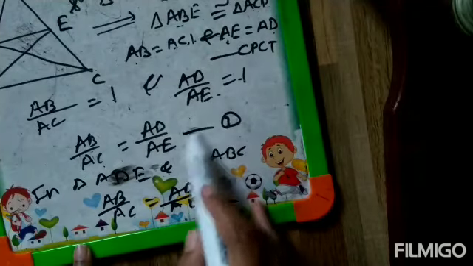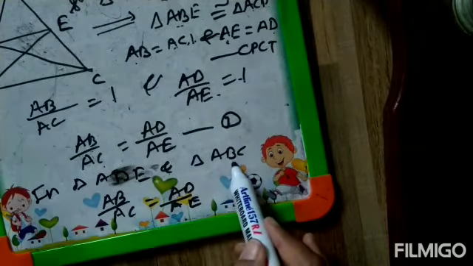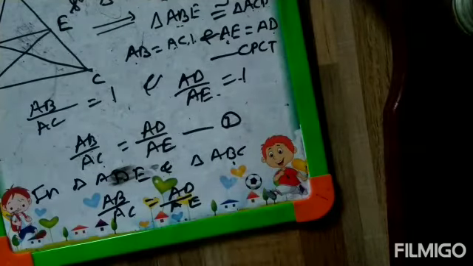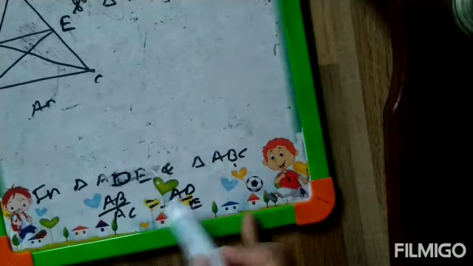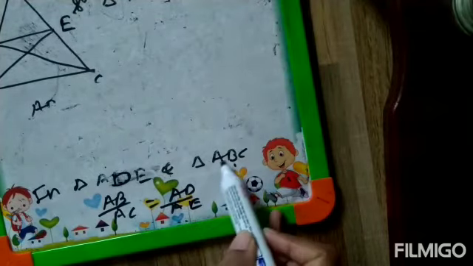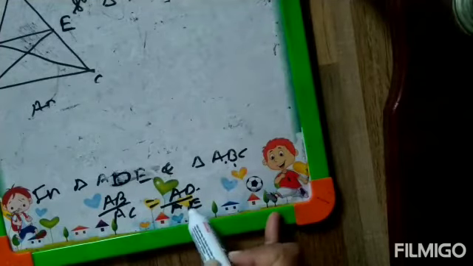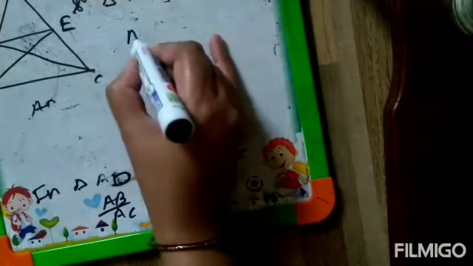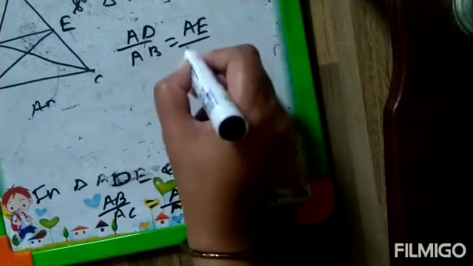But we need corresponding sides in proportion, so we have to change this equation. Taking cross multiplication, we get the exact corresponding sides in proportion. We want AD upon AB, so send AB here and AE to this side. So AD upon AB is equal to AE upon AC.